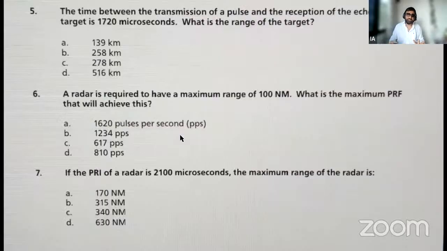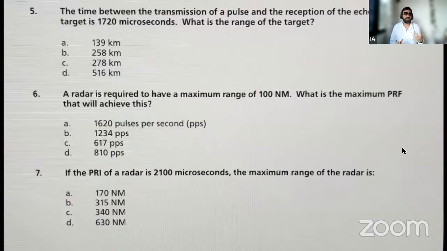The questions that we are going to solve are something that I'm sharing on the screen right now. We're going to talk about how to solve PRF correction, how to find PRF if we have PRI.